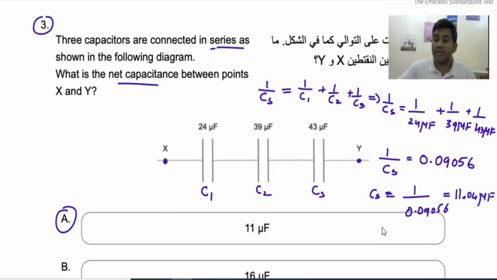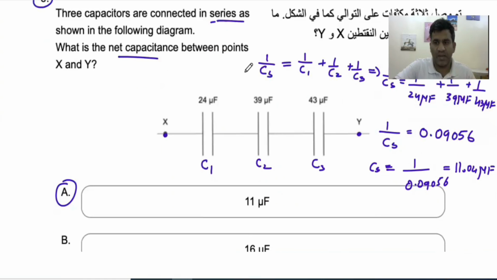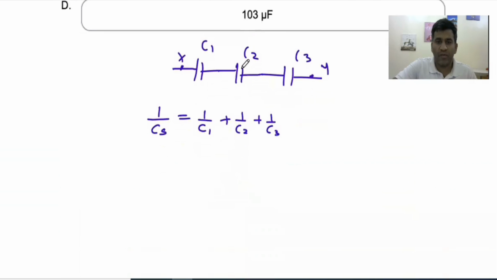There is another calculation. This is not related to the question, but let me tell you. How do we calculate when the capacitors are connected in parallel? This is the series arrangement.